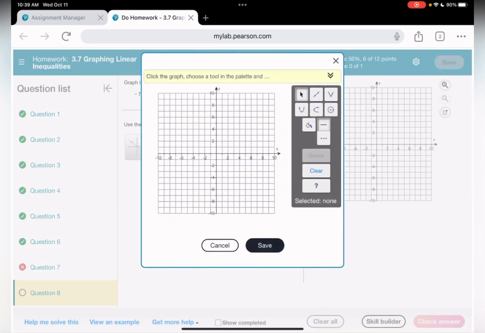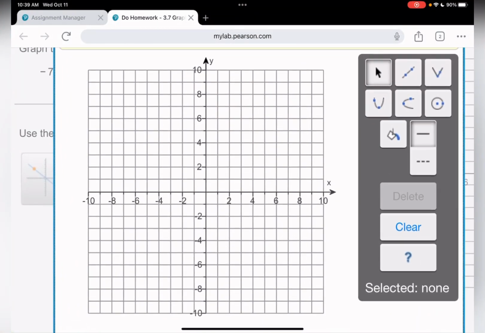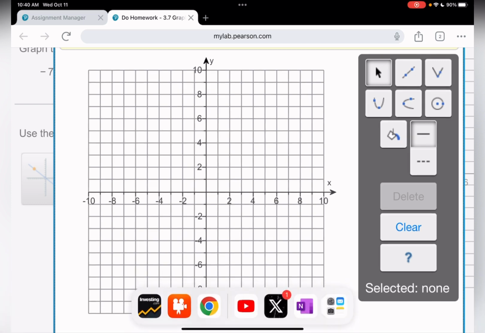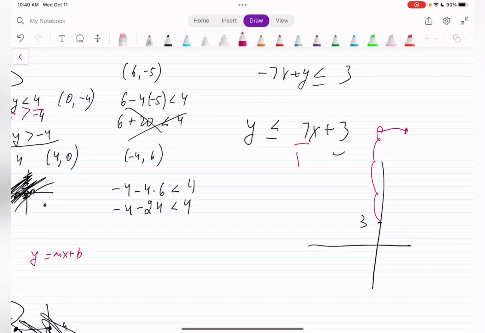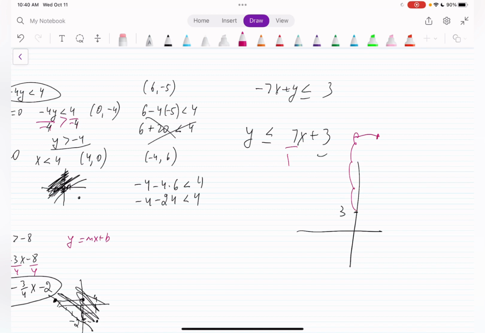Let's see. Ooh, I'm going all the way to a 10. You know what I can do? I can do this another way also. Let me show you a trick. My slope is 7 over 1, right? I can write down negative 7, negative 1. It's the same 7 over 1, correct? So I don't want to go all the way to the edge.